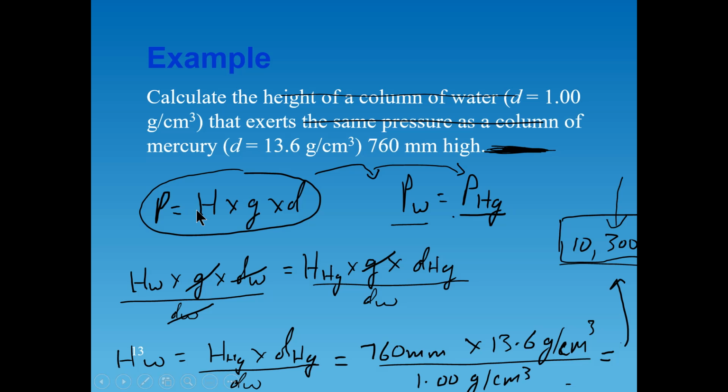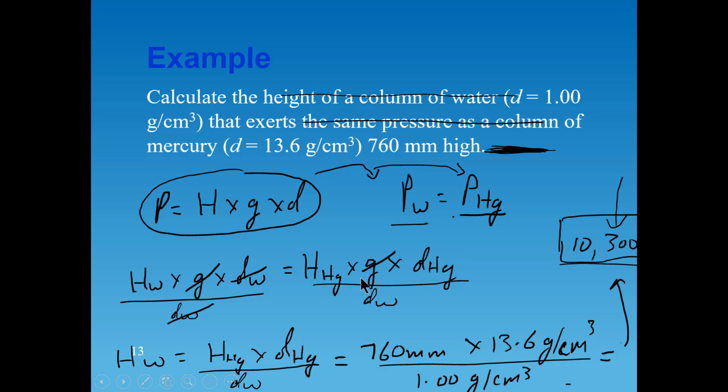Now, the equation that you'll be using to solve this problem is this equation which we met before. The pressure is equal to the height times the acceleration due to gravity times the density, the depth or the distance between the surface of the liquid and the point where the pressure is exerted, right? The other thing we're going to write down here is that the pressure exerted by the water column is equal to the pressure exerted by the mercury column, all right?